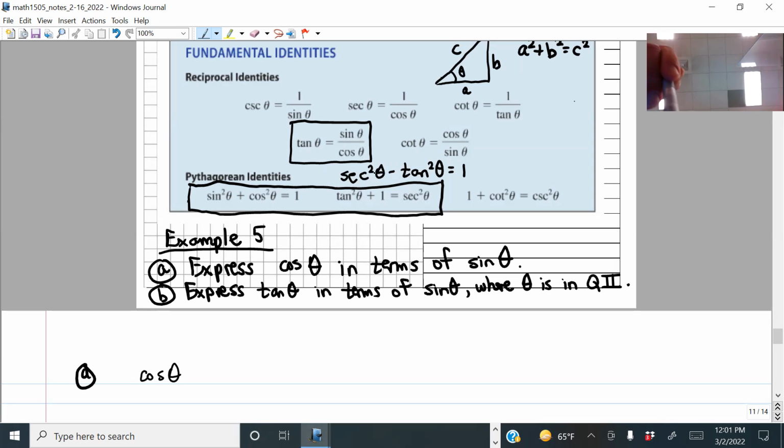So these two sort of look alike, and they're both referred to as Pythagorean identities. Remember, secant squared minus tangent squared equals 1. Sine squared plus cosine squared is 1. This identity is really related to this one.